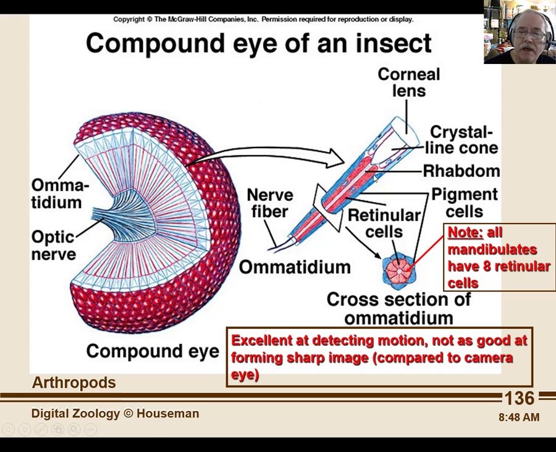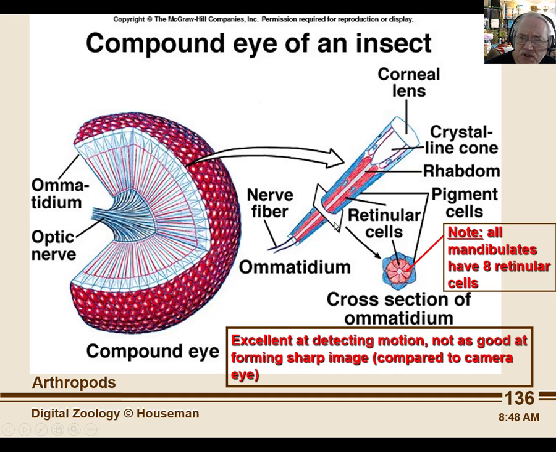These cells that detect the light are called retinular cells. Surrounding them are pigmented cells to prevent the light from entering into the next adjacent ommatidium. So a compound eye is made up of many, many individual ommatidia, which are basically little eyes.